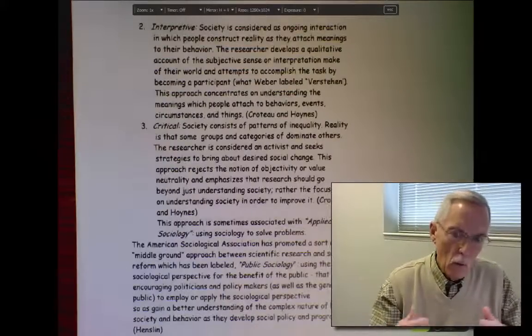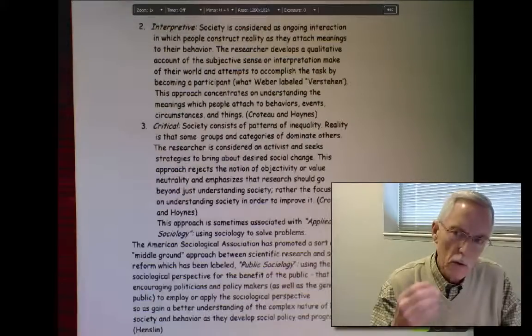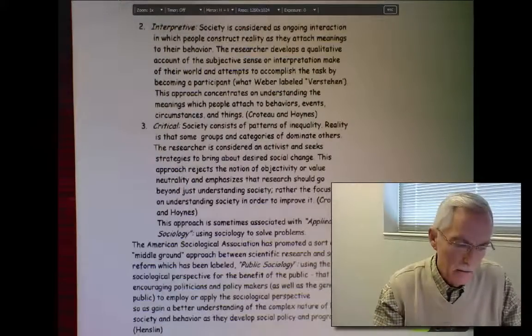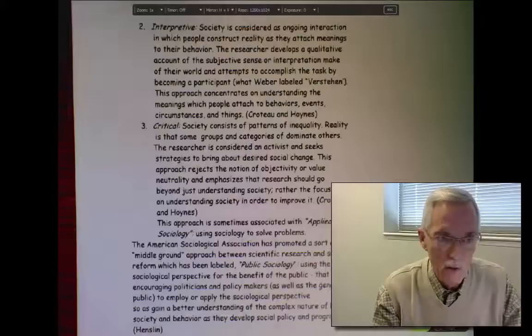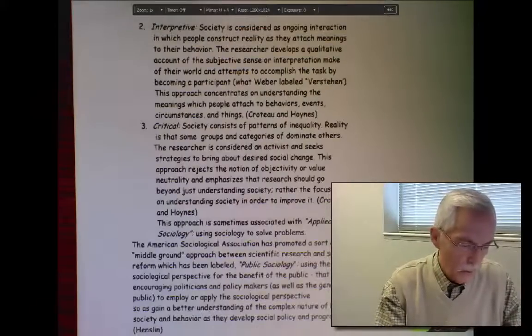This is also a research approach that focuses on empirical data, specifically quantitative. Remember, numbers. And the idea behind all of this is that it's certainly possible to identify scientific laws that are involved in human social life.